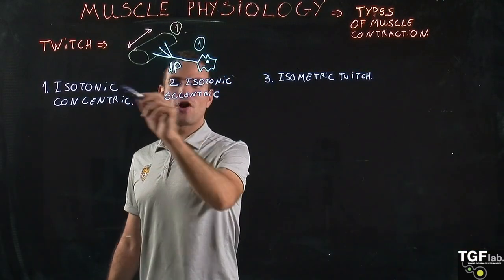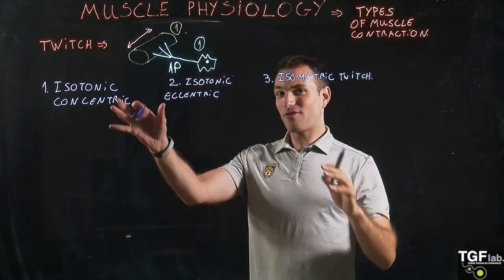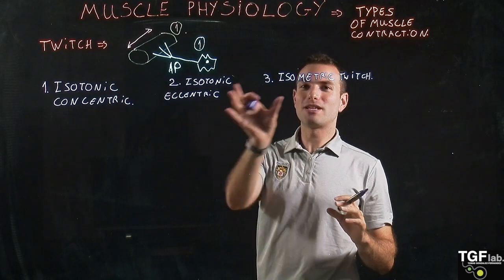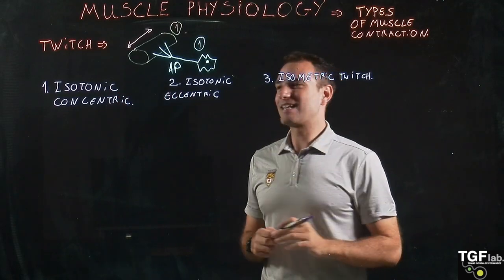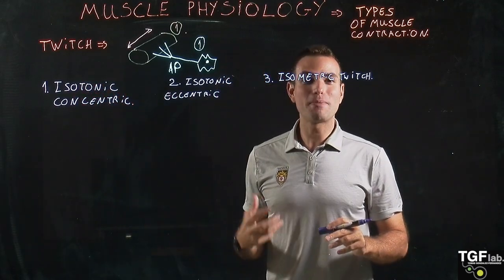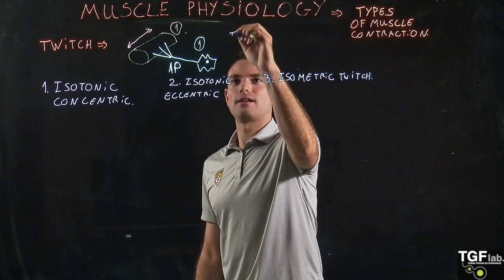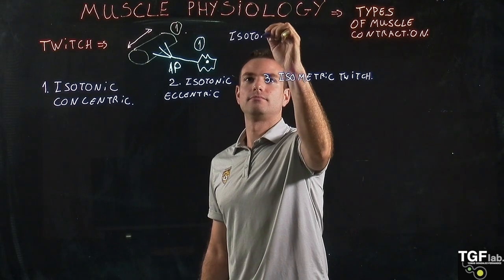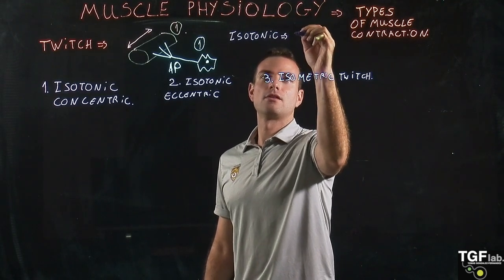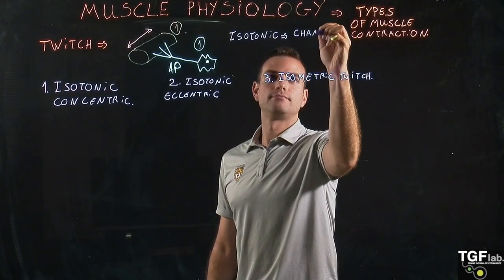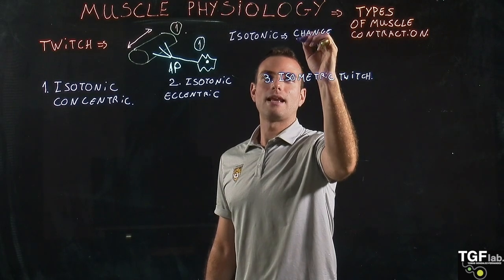In the isotonic twitches, the main difference between the isotonic twitches and the isometric twitches is that in the isotonic, there is going to be a change in length of the muscle fiber. So isotonic, change in length.